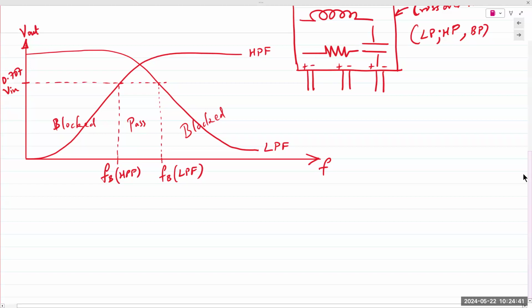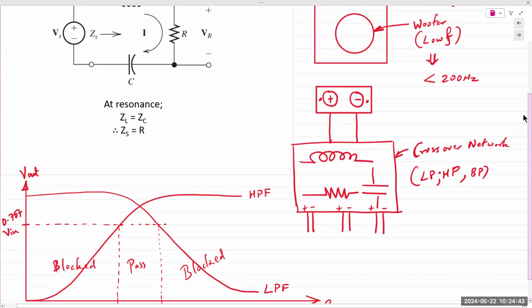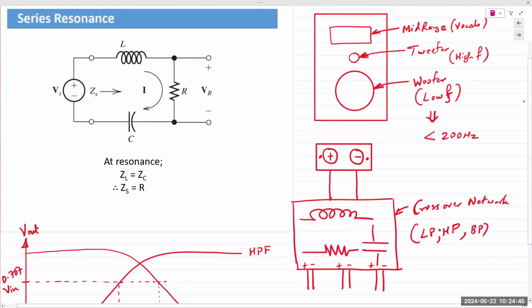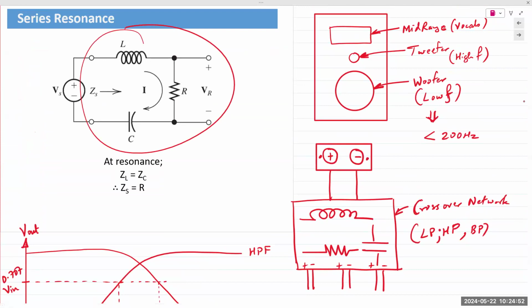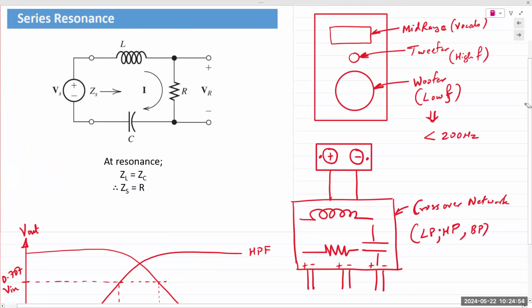When you have a range of frequencies being applied to a circuit that contains inductors, capacitors, and resistors, an RLC circuit, at one particular frequency the impedance of the inductor and the impedance of the capacitor are exactly equal in magnitude.